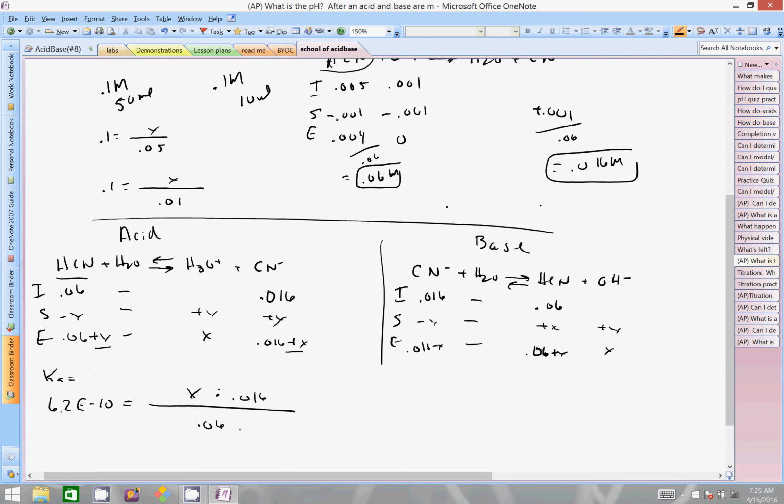Take a moment. 6.2 e to the negative 10th times 0.06 divided by 0.016 equals x value equals 2.3 e to the negative 9th moles per liter, and that's H plus ions. Now with that, I could leave it as is if that's what the question asks. I could flip it to pH by taking the negative log of that value.